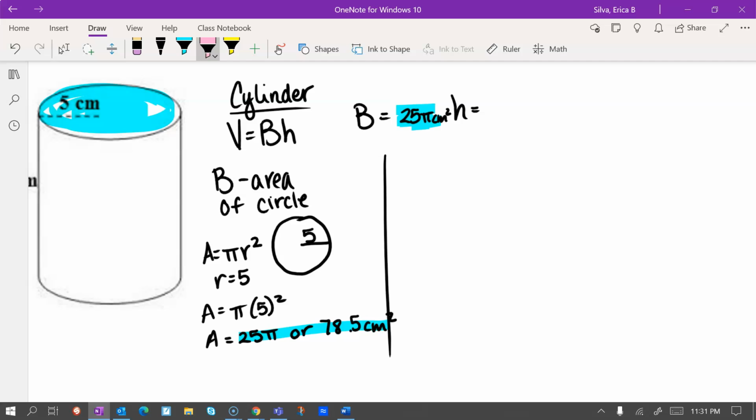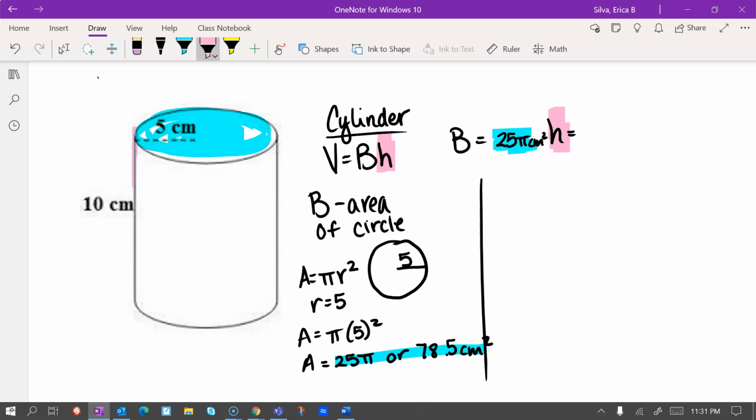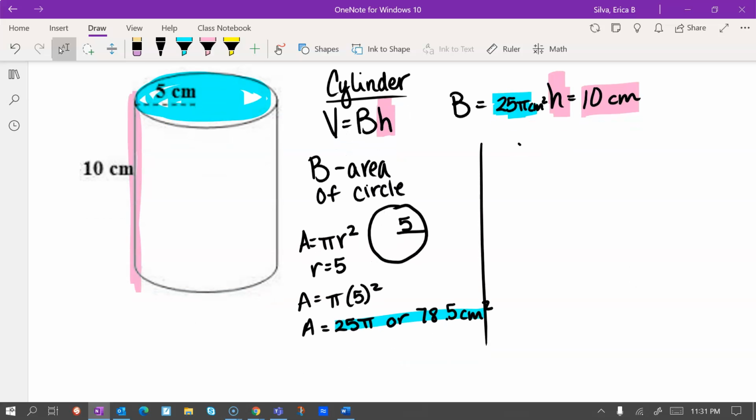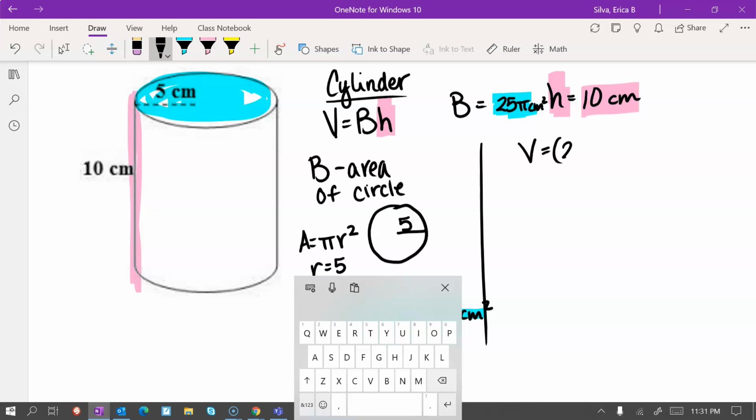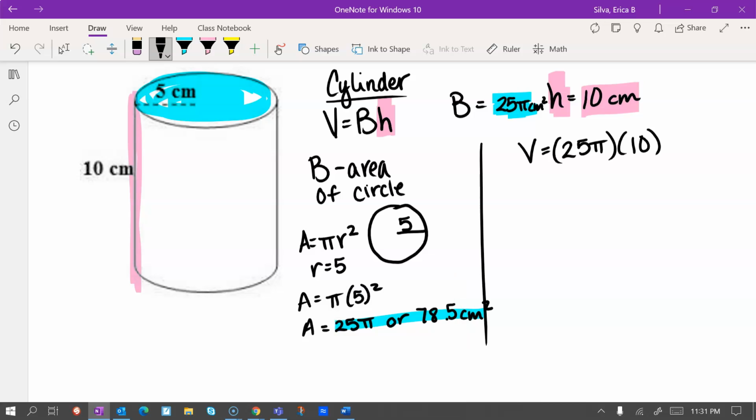All right, so now we want to look for the height. Again, remember it's the height of the figure. So this is my figure. The height is 10 centimeters. And now that we have our capital B and our H, we can plug it in, where capital B is 25 pi and our H is 10. Now, if we want to leave our answer in terms of pi, then we multiply our two numbers together.